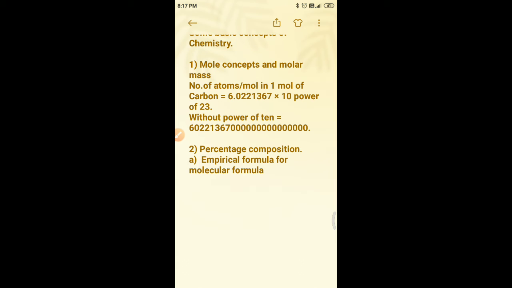Moles of carbon, 2.021 divided by 2.021, gives 1, and moles of chlorine, 2.021 divided by 2.021, gives 1. So the ratio we can write as 2:1:1, where 2 is hydrogen, 1 is carbon and 1 is chlorine.